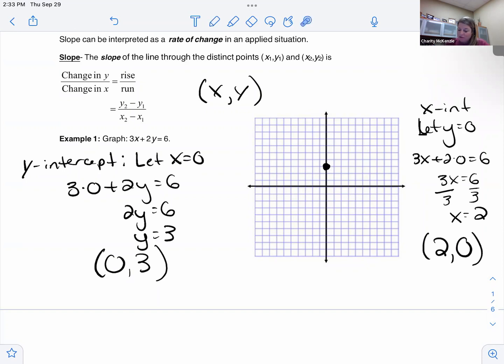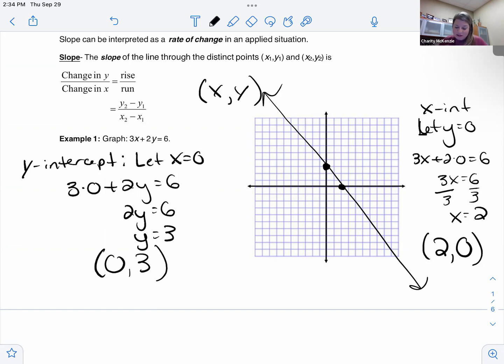Go back on your graph, start at the center. We go over 2 for x and 0 for up and down. So we're right there. Okay, so this is the graph of that line using the intercepts. You will get it wrong if it asks you to use the intercepts and you don't, even if you graphed it right. Okay, so that is how I found my intercepts on this problem.